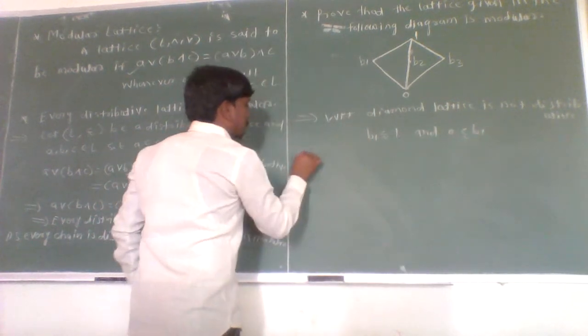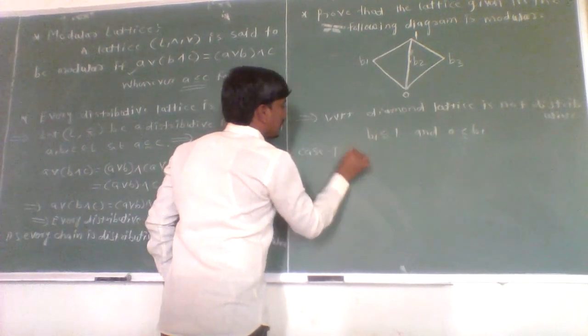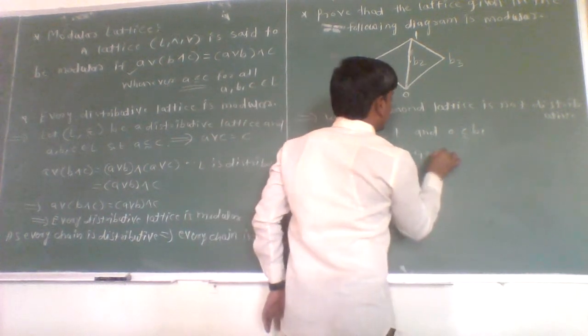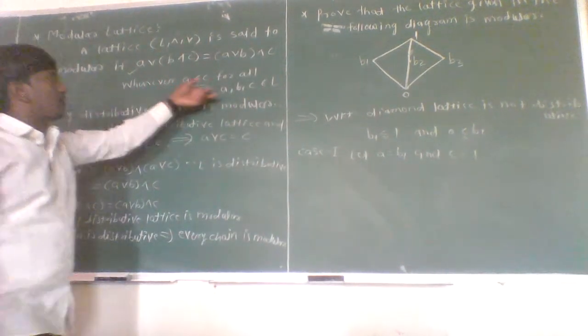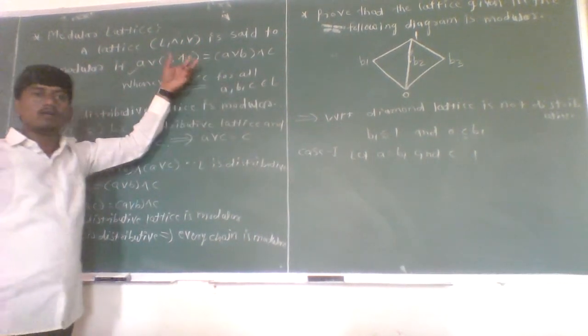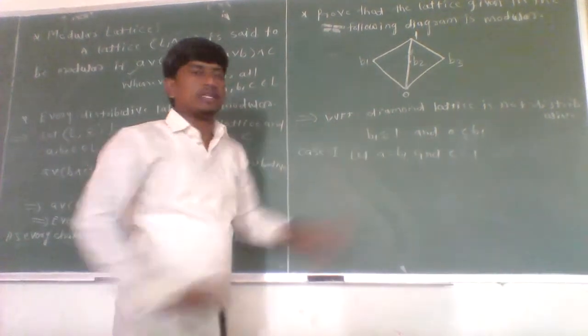In the first case, let a equal b1 and c equal 1. Now it remains to check whether the modular condition is satisfied for this a and c.